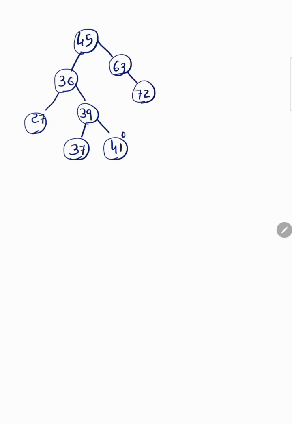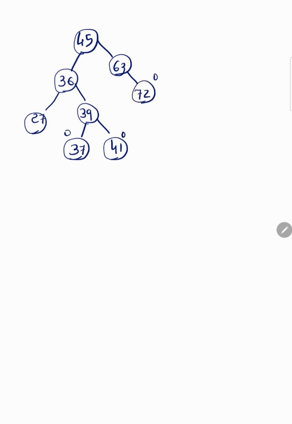So what would be the R minus 1 rotation? Again the same thing, you need to check the balance factor, right? So I'll quickly take one example, right? So I'll have 45 over here, a bit of difference from that tree. So 36, then if I have 27 over here, then 39, then 37, 41, 63 and 72.